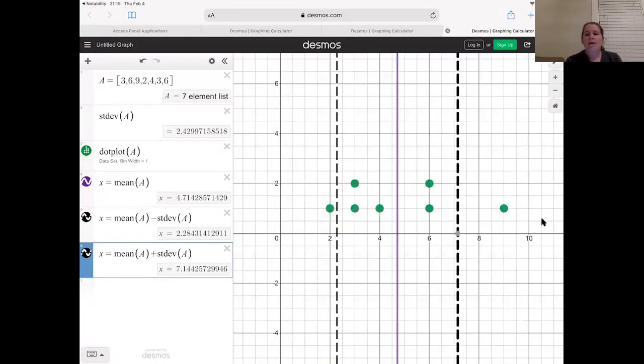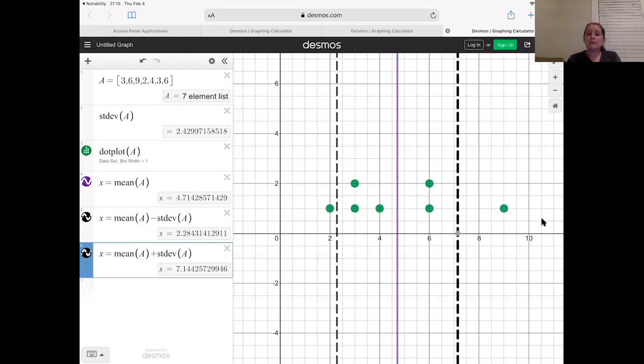sorry about that. I went ahead and added in 2 vertical lines if we did 1 standard deviation to the left of the mean and 1 standard deviation to the right of the mean. You don't need to put in these lines if you don't want to. This is just so we can see what's happening.